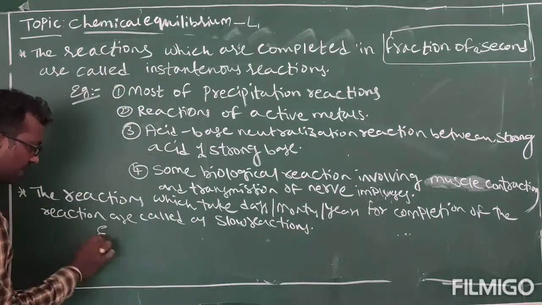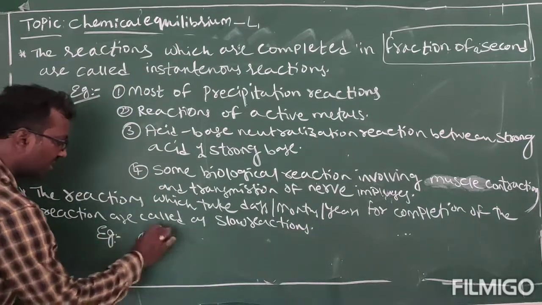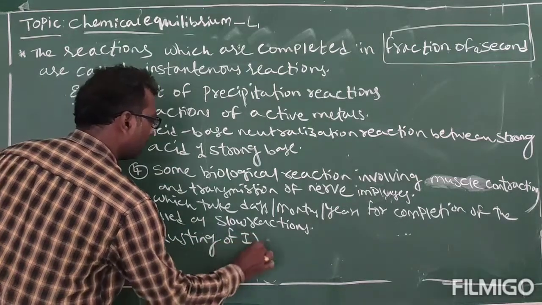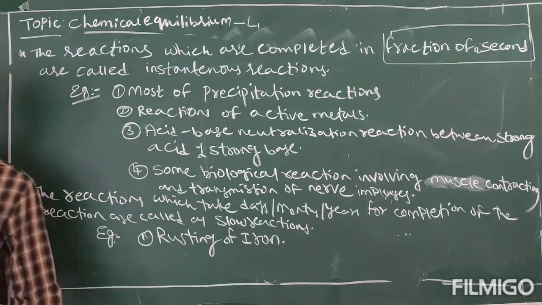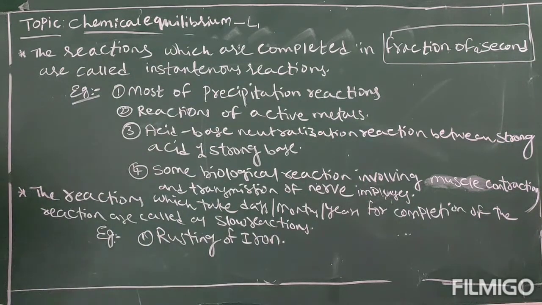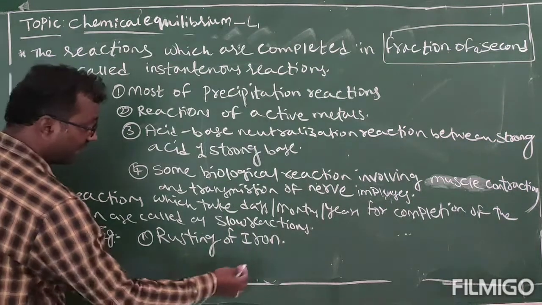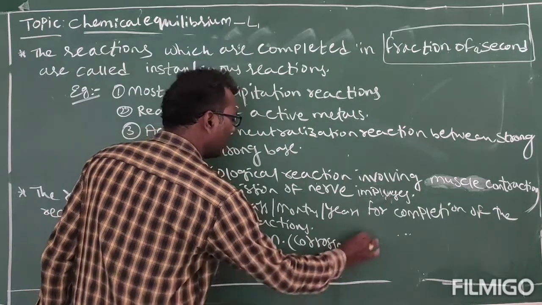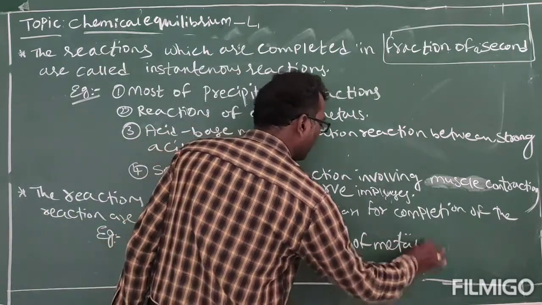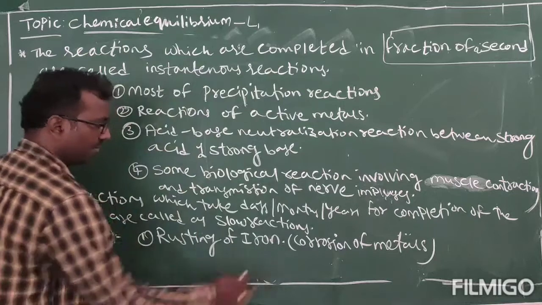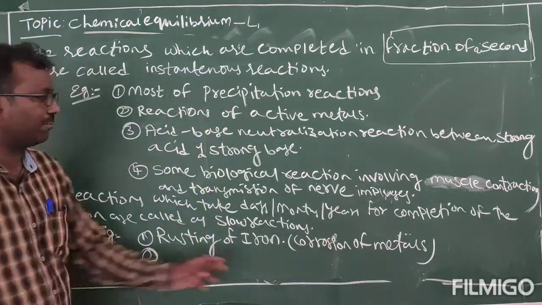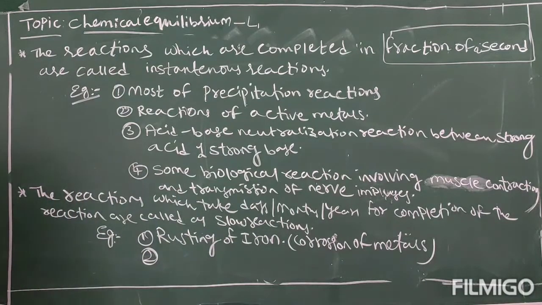Okay, examples: rusting of iron. Rusting of iron will take days. Corrosion of metals, we can consider corrosion of metals also. Corrosion of metals is also an example of slow reaction only.